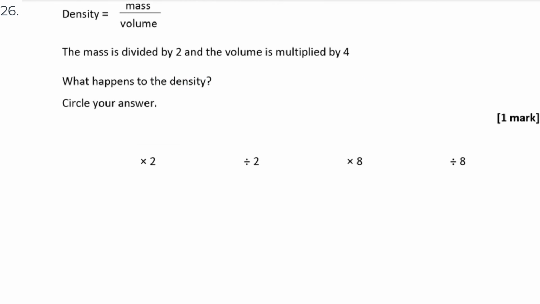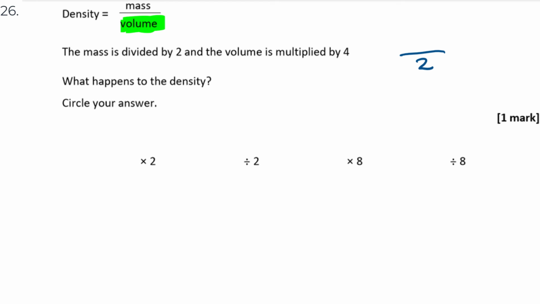We've been given the formula for density. Density equals mass over volume. We're told that the mass is divided by 2 and the volume is multiplied by 4. What happens to the density? If we're multiplying the volume by 4, the volume is part of the denominator, isn't it?